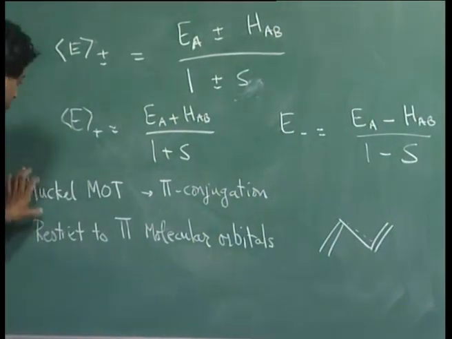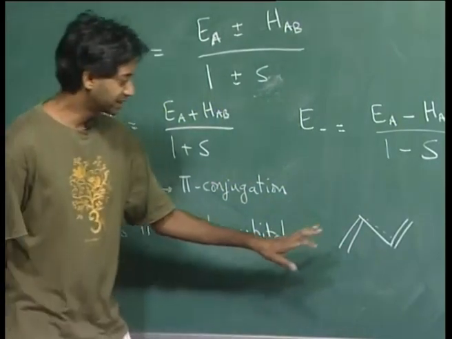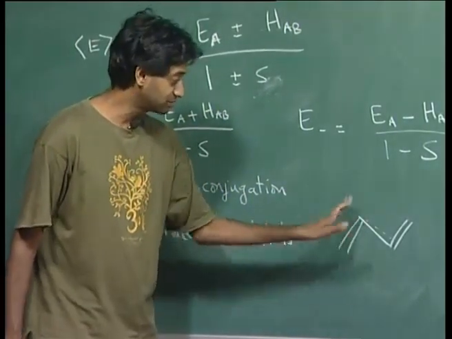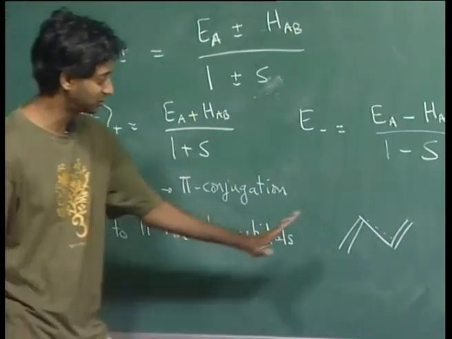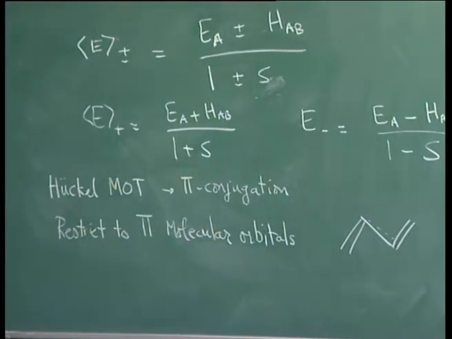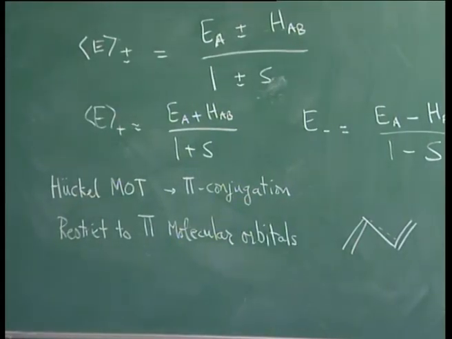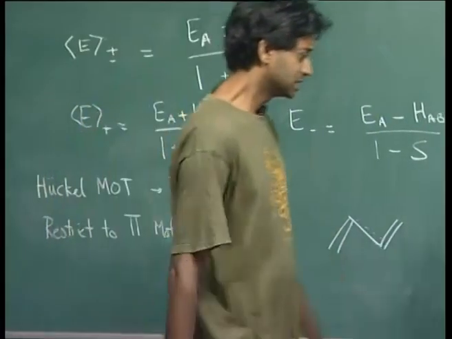Huckel molecular orbital theory gives a simple way to calculate the energies of only the pi molecular orbitals, not the sigma orbitals. And these are actually simply related to the highest occupied molecular orbitals. So that's the reason why Huckel molecular orbital theory is so useful.